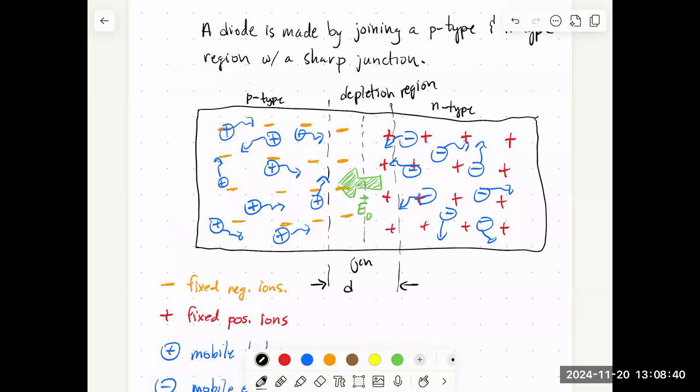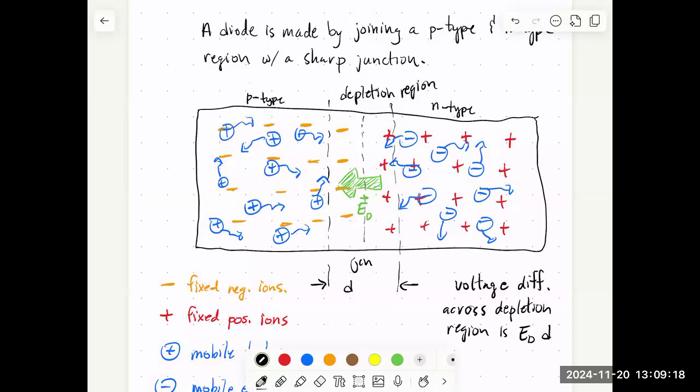So if we have electric field E_D across a region of thickness D, the voltage difference across our depletion region is E_D times D. An electron would have to have energy, electron charge times this voltage, to cross that region.